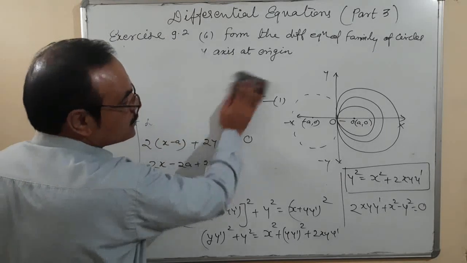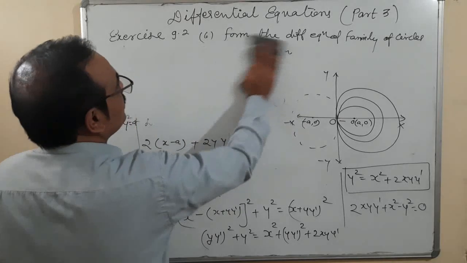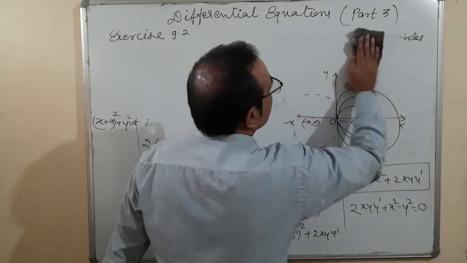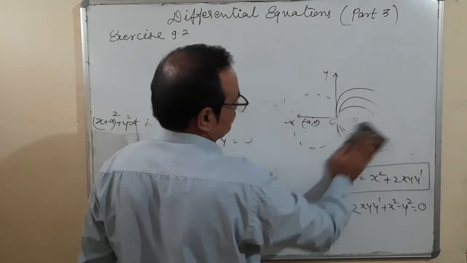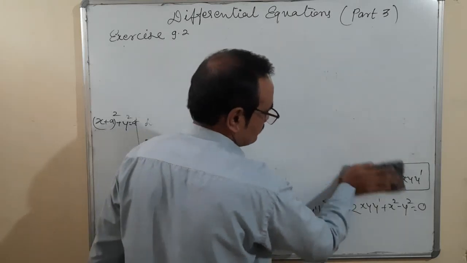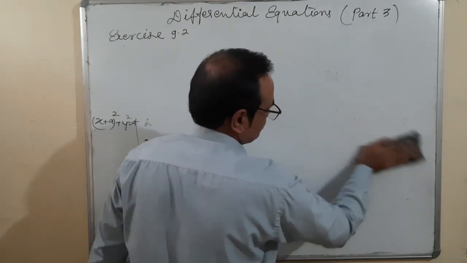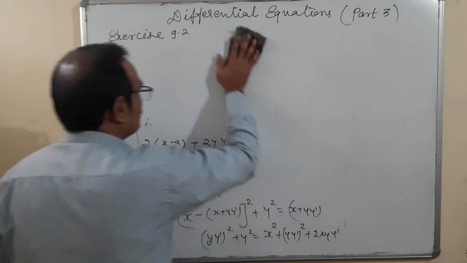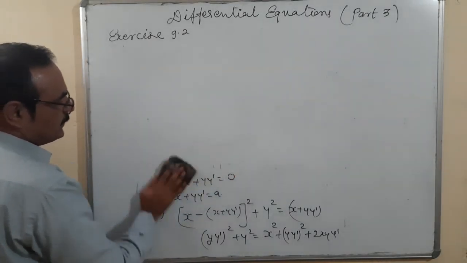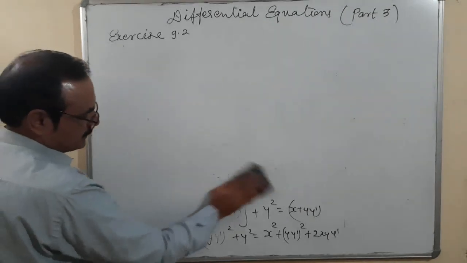So only the signs will change there, otherwise everything remains the same. So in this question what we have done? We have eliminated a, the arbitrary constant.